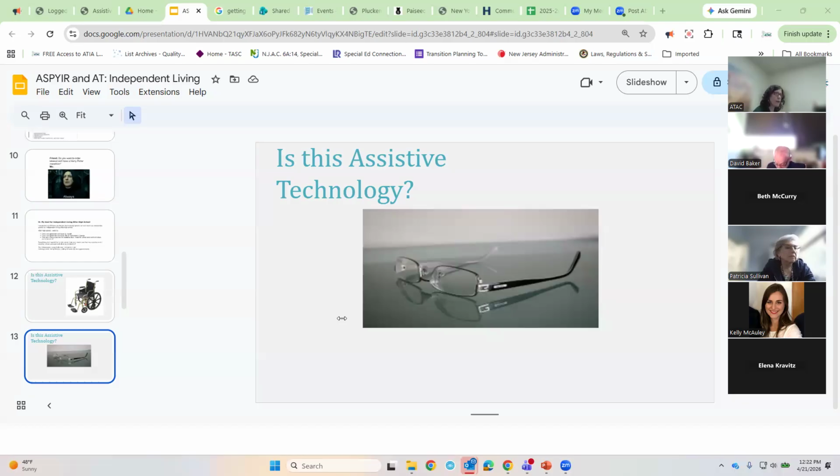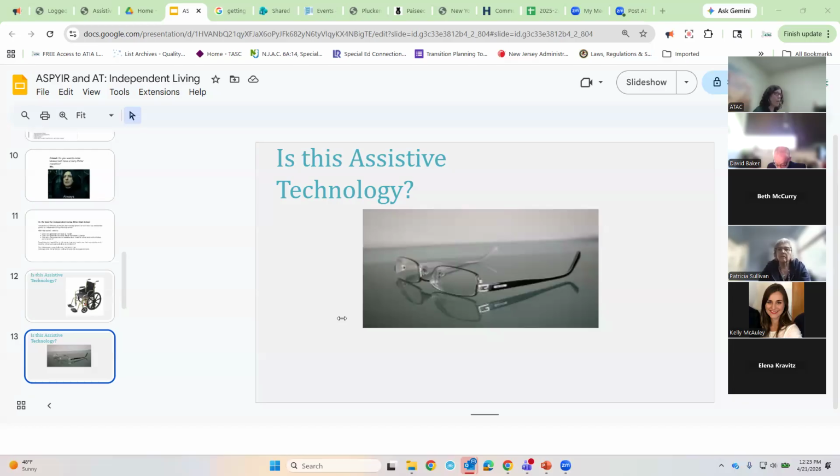That raises a really good point. Some assistive technology, in fact, I would venture to say a lot of assistive technology is available to everyone. Something becomes assistive technology when they are used to further the wants, needs, and independence of people with disabilities.